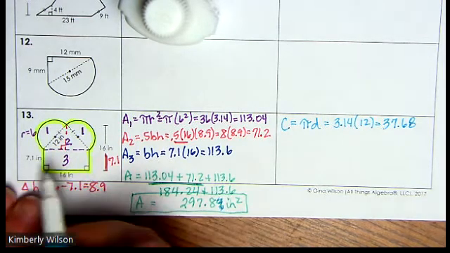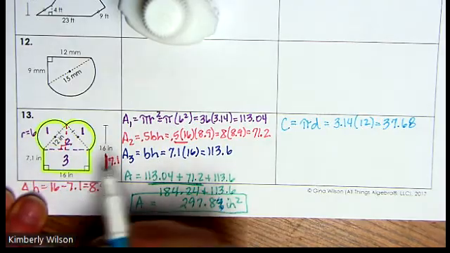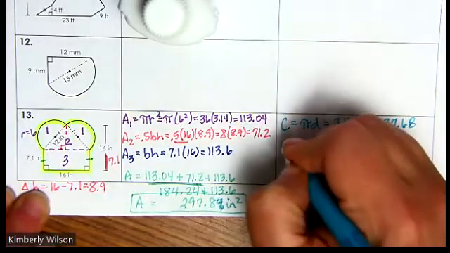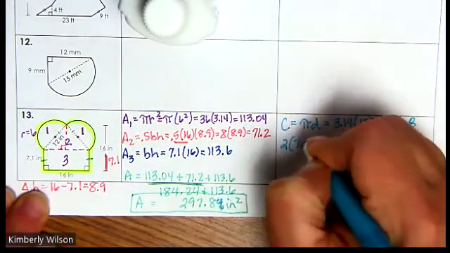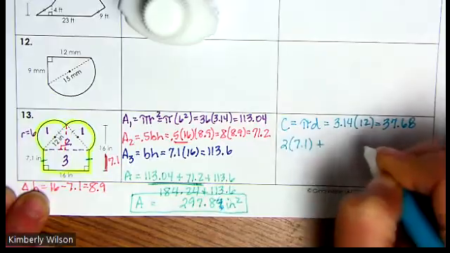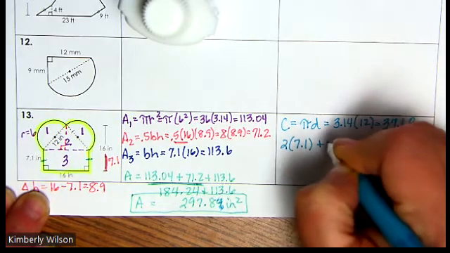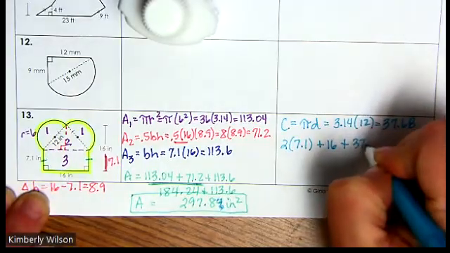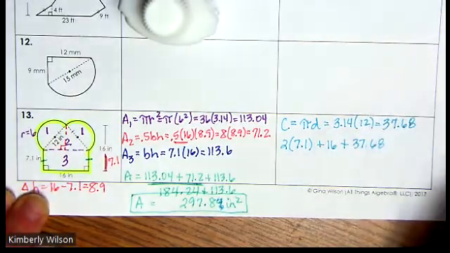Now I look to see, okay, I have two 7.1s because they're one on each side. If this side is 7.1, then this side is 7.1. So I have 2 times 7.1 plus 16 plus the semicircles, 37.68.